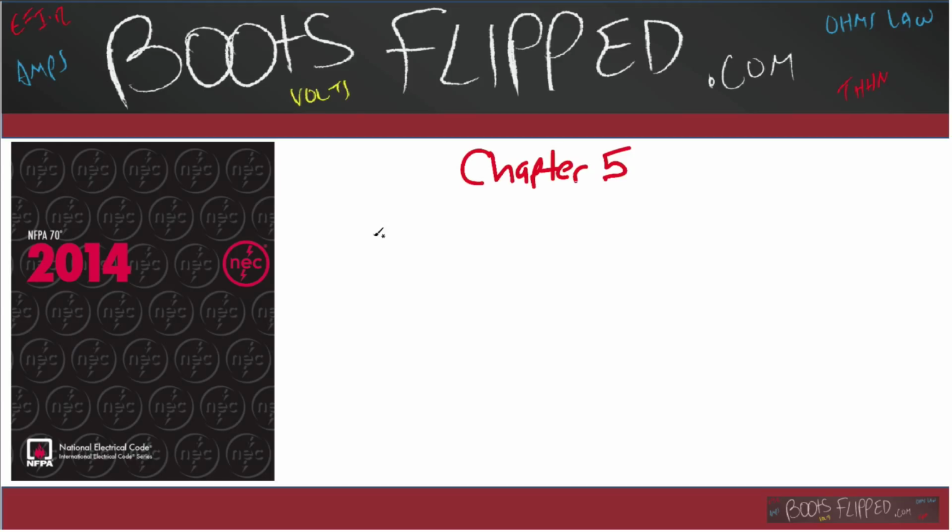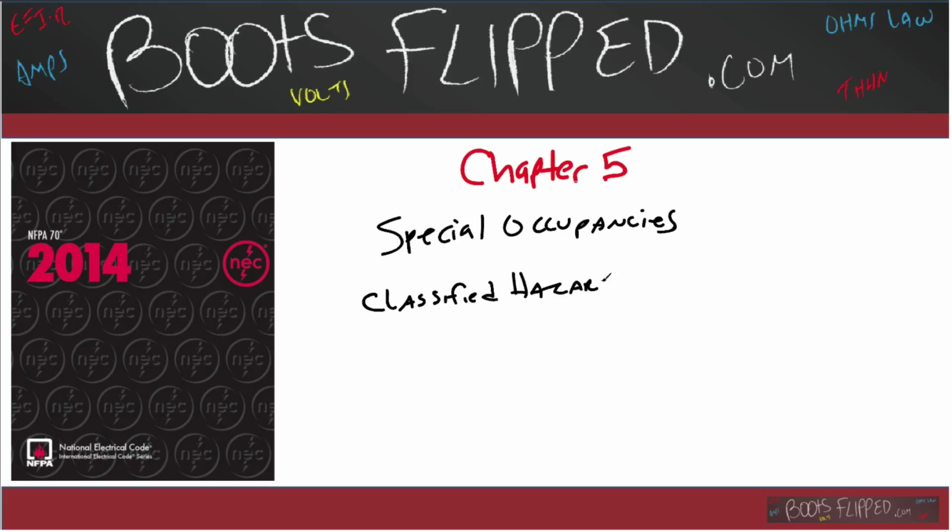Chapter 5 is going to be special occupancies. In special occupancies, you're going to find classified hazardous locations. If you're working anywhere where chemicals are stored, gasoline, anything that is flammable, that's where you're going to find those kinds of locations.